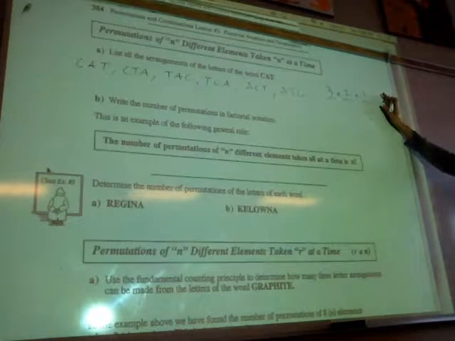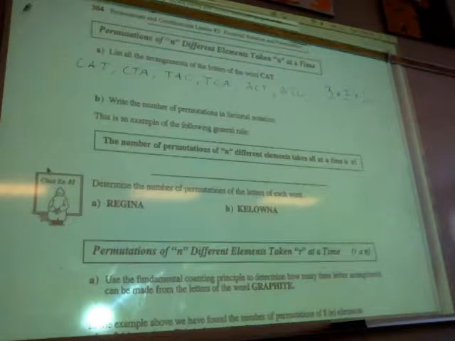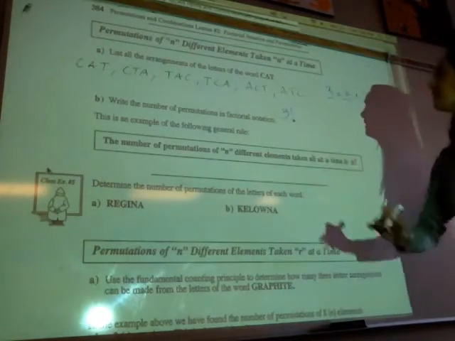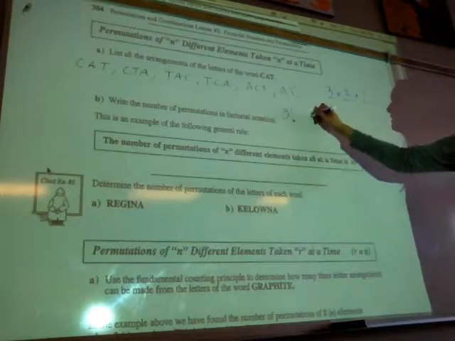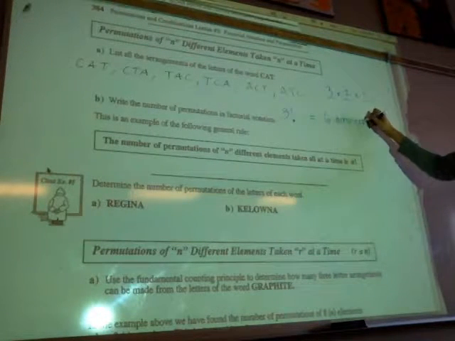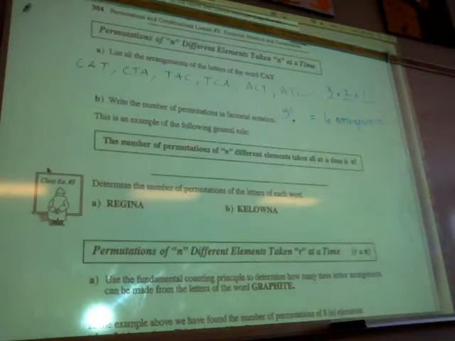Okay, so we had 3 options, then 2, then 1. So how could this be written in factorial notation? What's that? 3 factorial. Perfect. The conclusion of this is we have 6 arrangements of those letters.